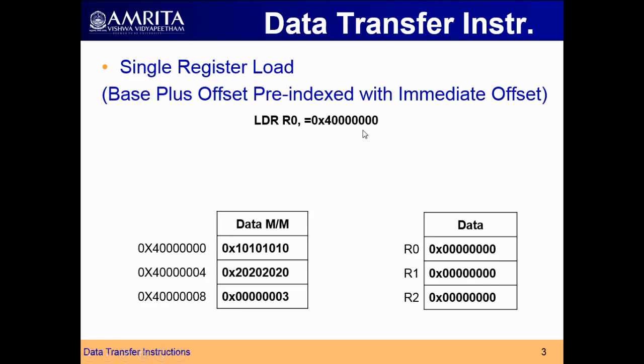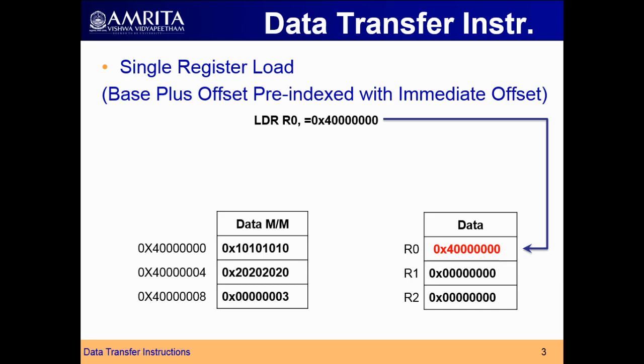You are going to move this constant, or immediate data, into the R0 register. Now what is the content of R0? 0. After executing this instruction, what will happen? This immediate data will be moved on to R0, so R0 will have this data. So what does it mean?